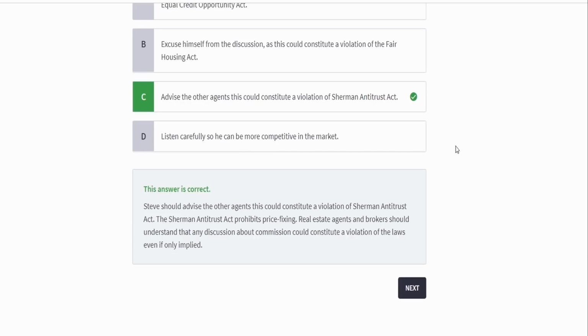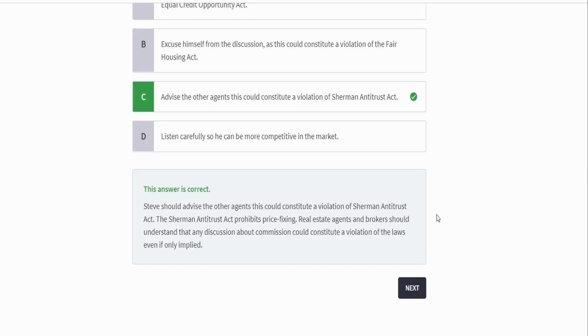But for questions like this, just take a step back, look at the laws that they provided, and then look at what information lines up with the law. And obviously price fixing, we know that's a bad thing. We know that is prohibited by the Antitrust Act. So instantly we know it should be C. That's how your mind needs to be thinking on these questions.